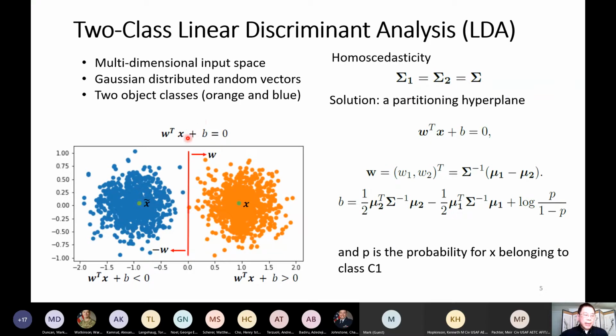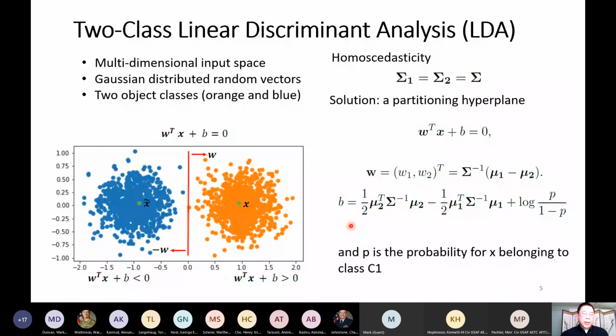Basically, you get a cutting line, and this cutting line has a surface normal W. For this side it's the orange class, and for this side it's the blue class. That's the prediction result, and the performance depends on the overlapping of the samples. The surface normal is of this form, and the bias can also be found in this form.